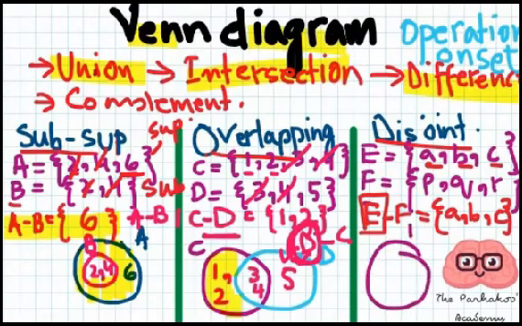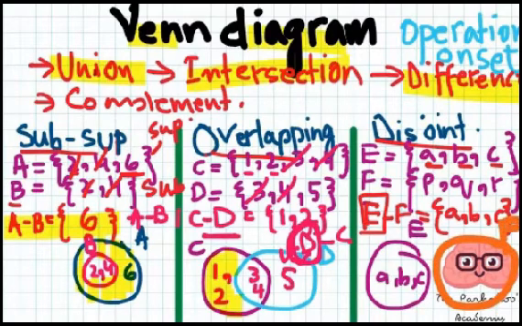Here we have E, which is A, B, C. Here we have F, which is P, Q, R. Since we are doing the difference, we are just going to color E because this is our answer.